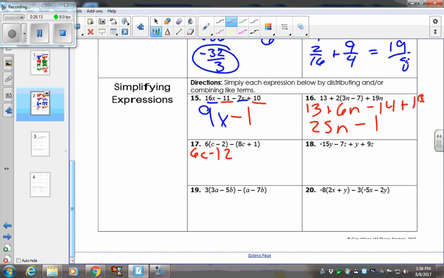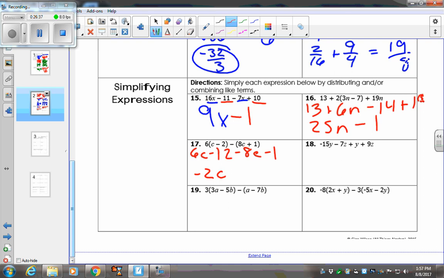All that does is change the sign. So a negative 1 times positive 8c gives me negative 8c. Negative 1 times positive 1 is negative 1. 6c minus 8c is negative 2c.